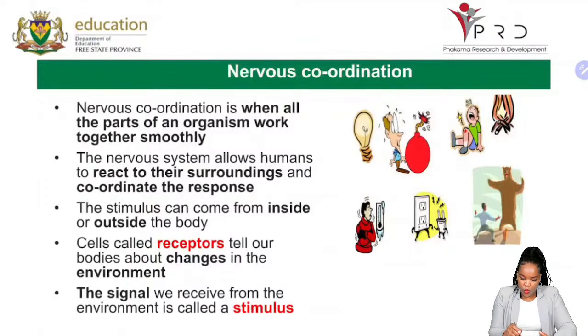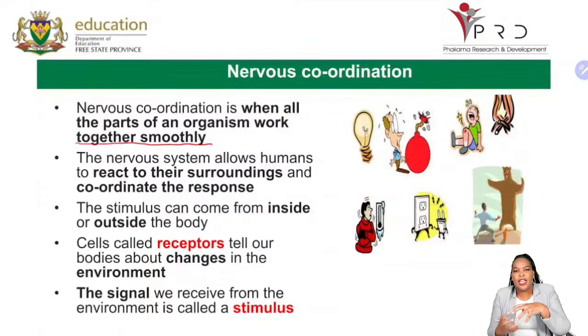Now, nervous coordination is when all parts of the organism work together smoothly. Imagine if you are feeling pain, but you cannot respond. So all the systems must work together in coordination for you to survive, for you to respond accordingly. So coordination is when all the systems are working together smoothly.